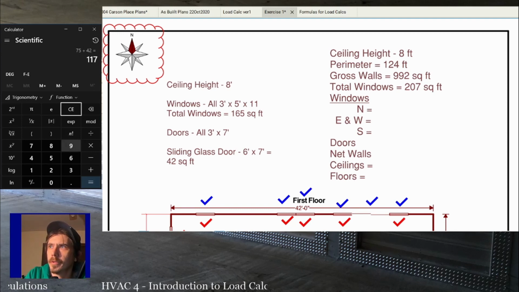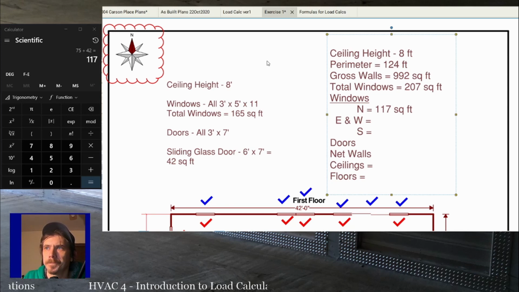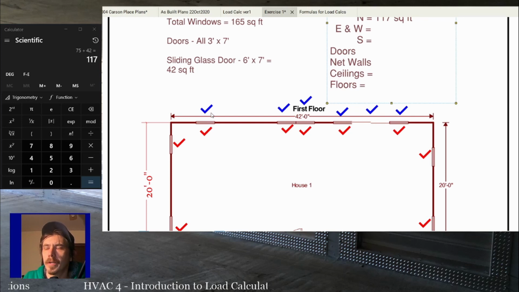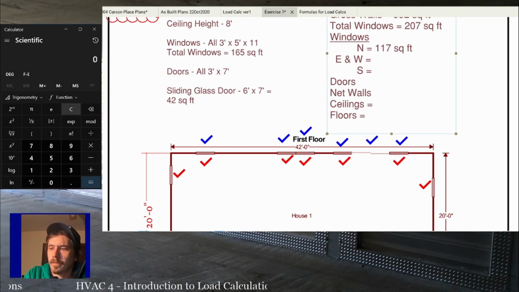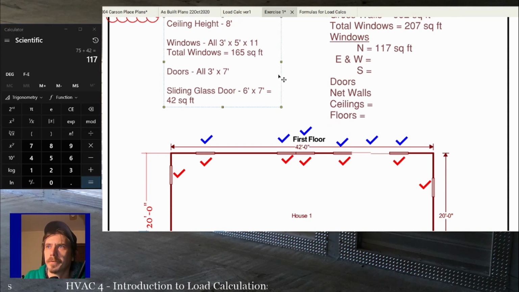Our total windows facing north are 117 square feet. We'll do that math again just to make sure. Verify. We had 5 windows plus our sliding glass door. 5 times 3 times 5, 75 plus 42, 117 square feet.